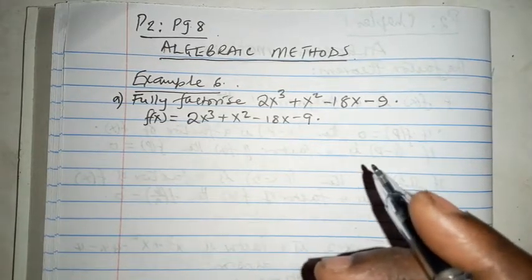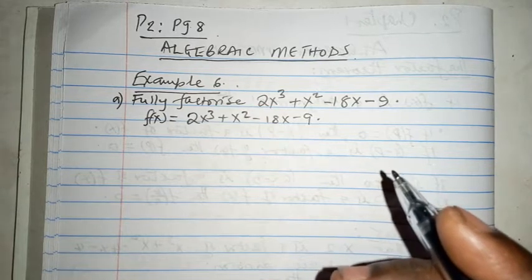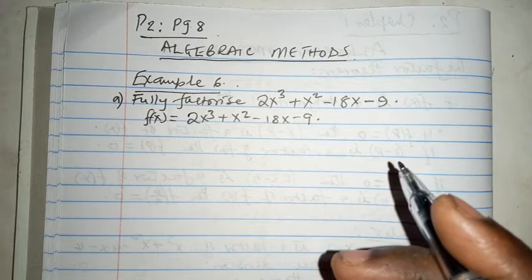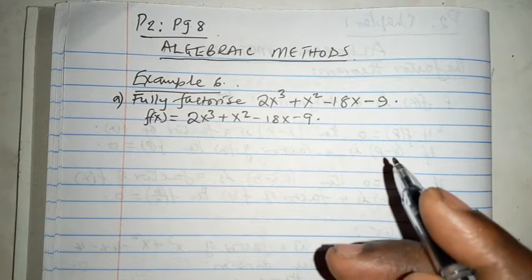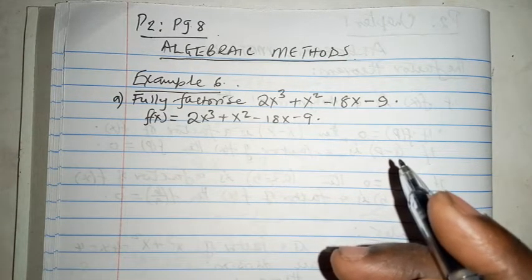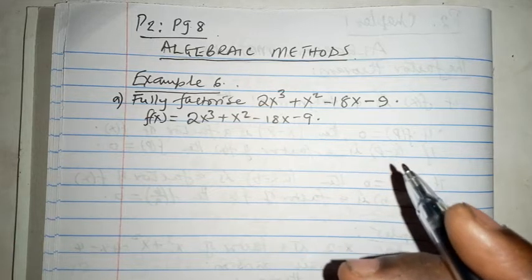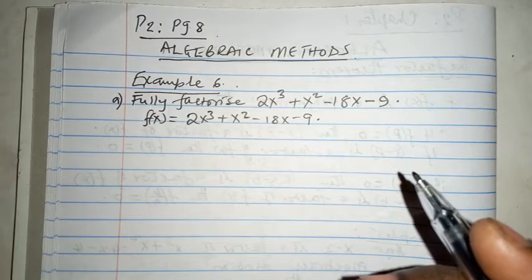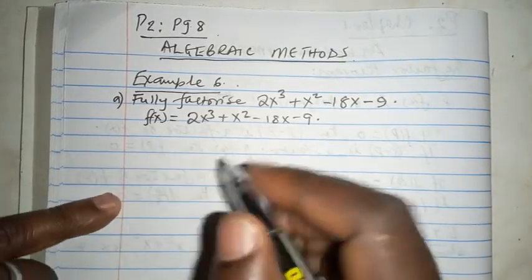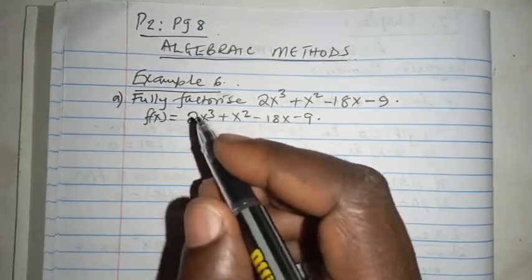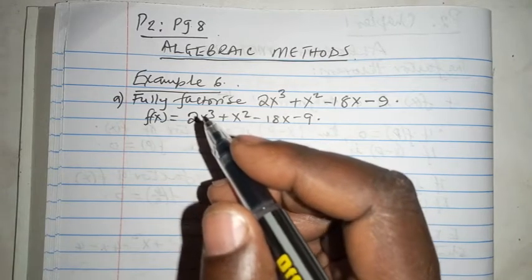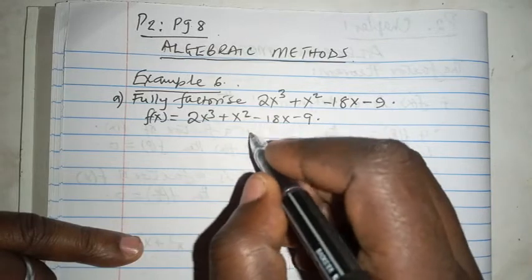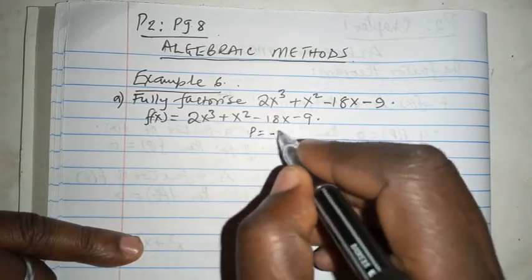On page 7 we are told to substitute values into the function until you find a value p such that g(p) is 0. Keep substituting values. Let us have p equals -1.